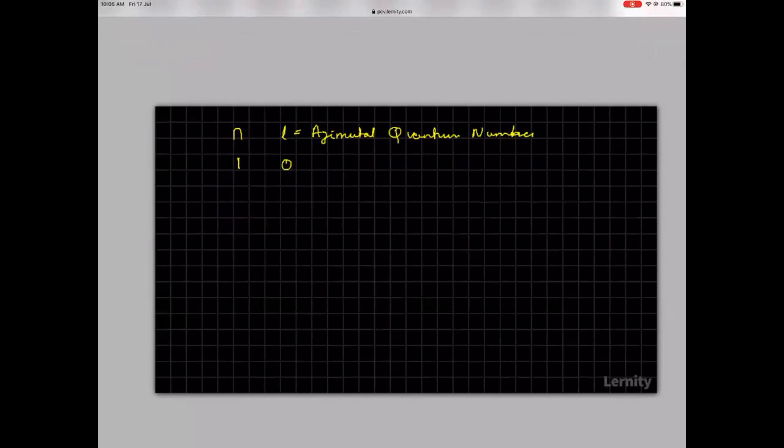So n minus 1 is 0, so it is only 0. This is what we call the S subshell. Then you have n equal to 2, which means you have 0 and you have 1. This is referred to as S, and this is called P.